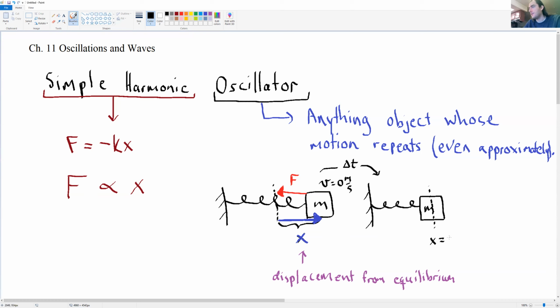So x is 0 here in this case. And the force is 0. Why is the force 0? Who can tell me why the force is 0? So why is the force 0 at equilibrium?